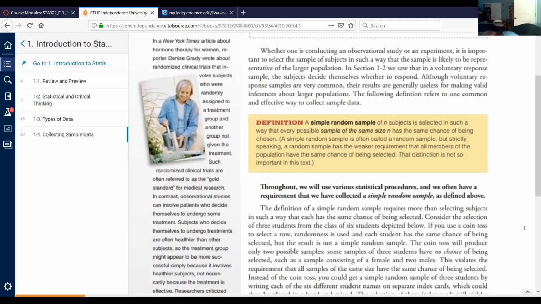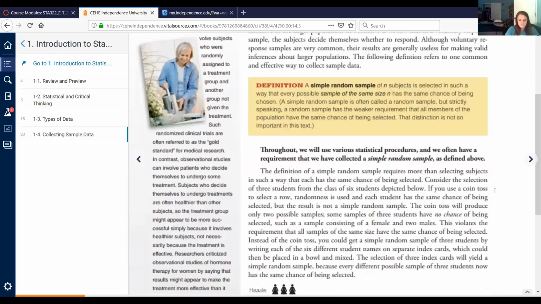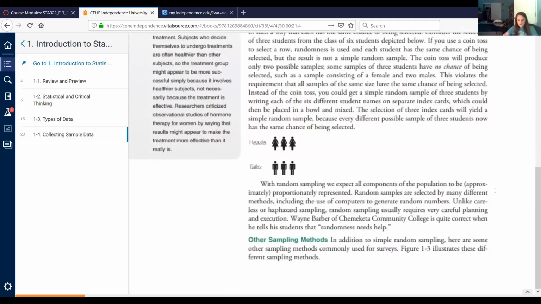So that's how we look at that. The sample is chosen so that everyone has the same chance of being chosen in the group.